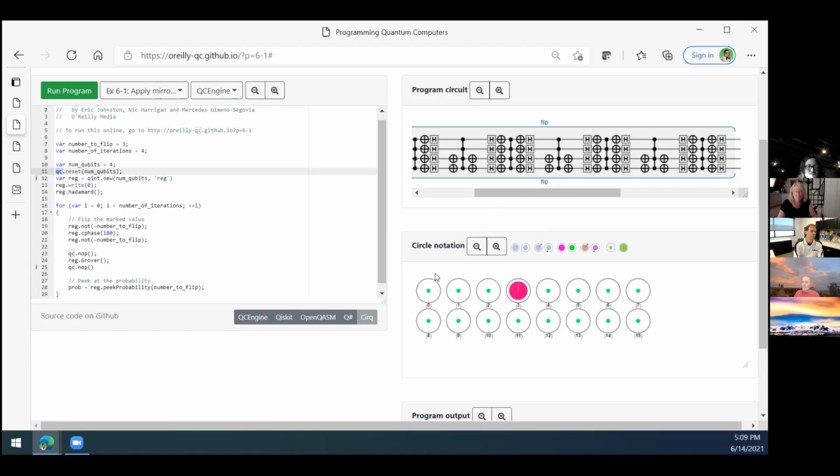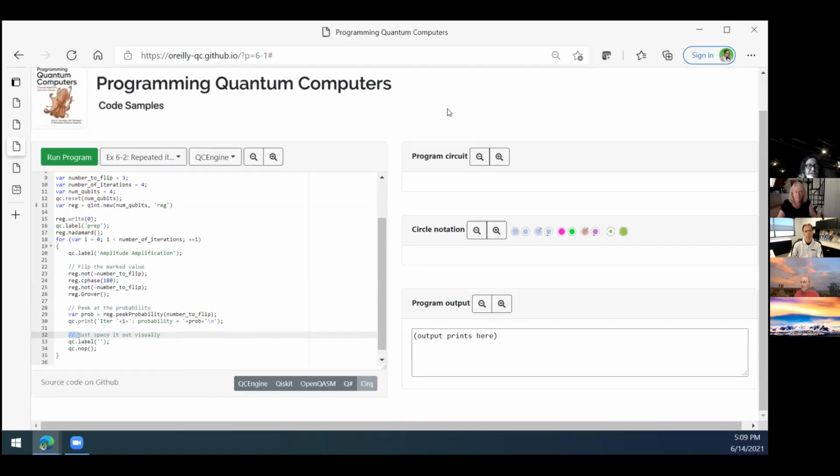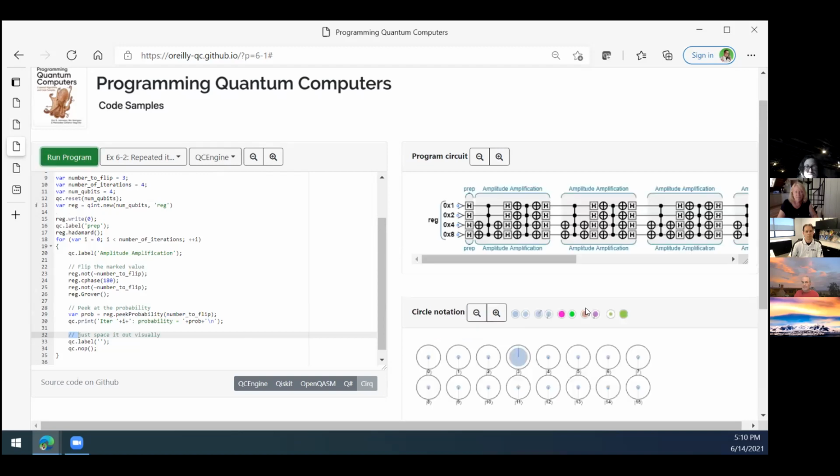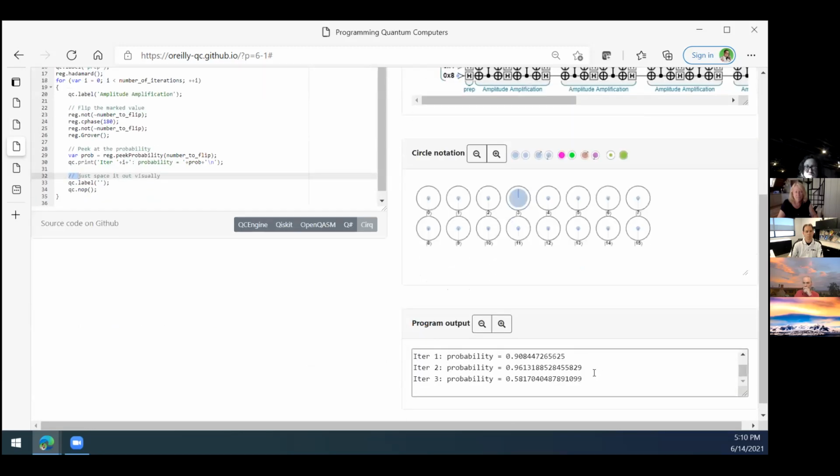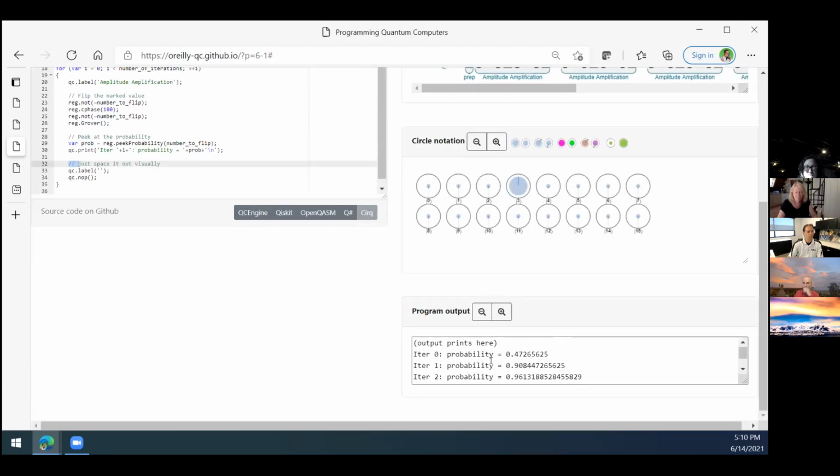Now I have this one, which is pretty much the same thing, except now it gives us the probabilities down here.